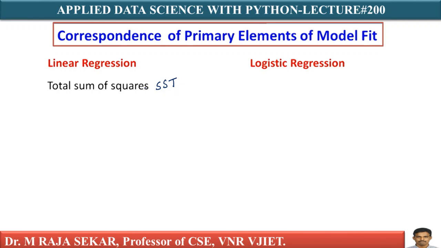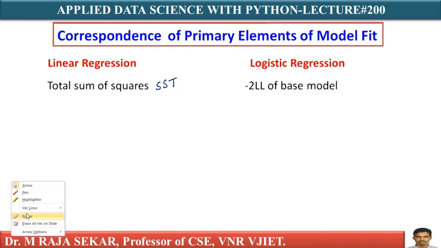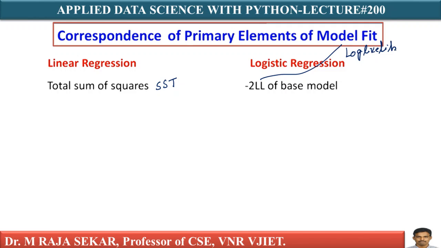The equivalent term for logistic regression is minus 2LL. This is the log likelihood. Minus 2LL is the log likelihood of the base model. Base model means without independent variables. I will discuss what the base model is after a few minutes.